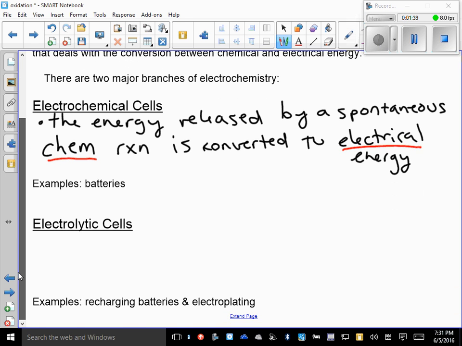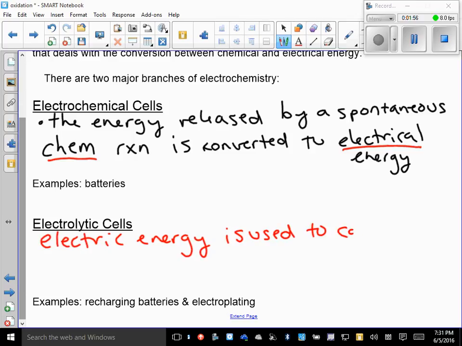Electrolytic, on the other hand, the other type of electrochemistry, is where we go from electric energy. Electricity is used to cause a non-spontaneous chemical reaction.